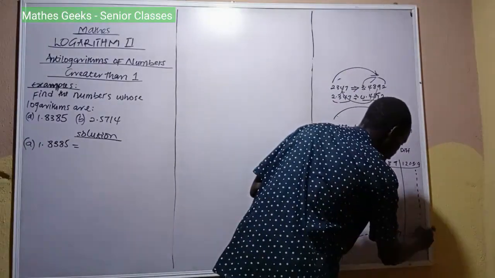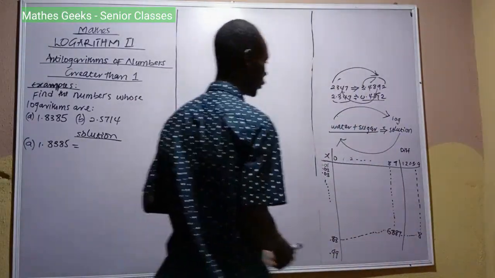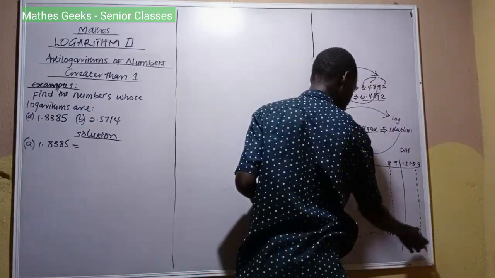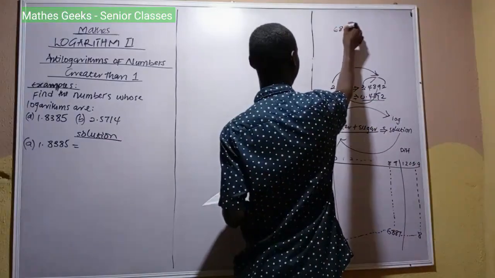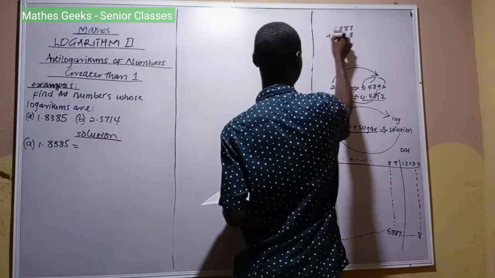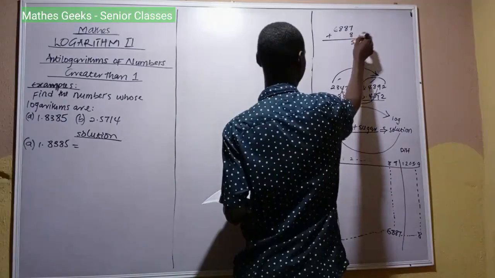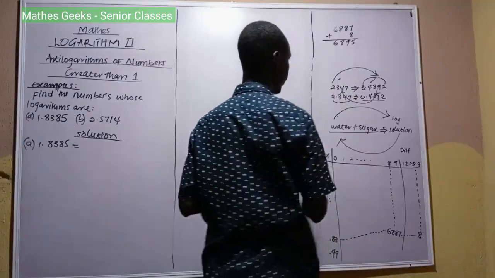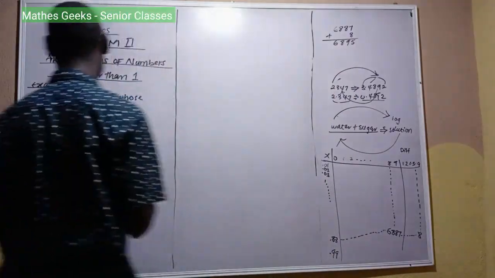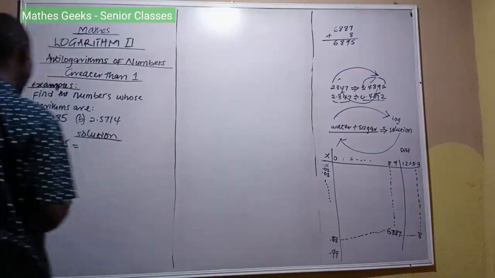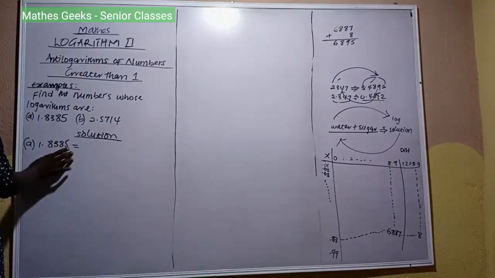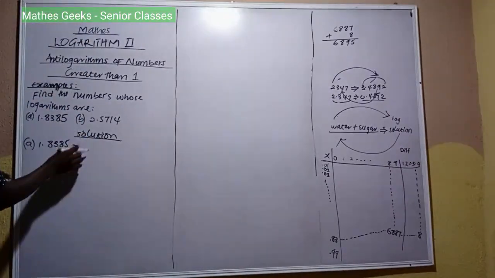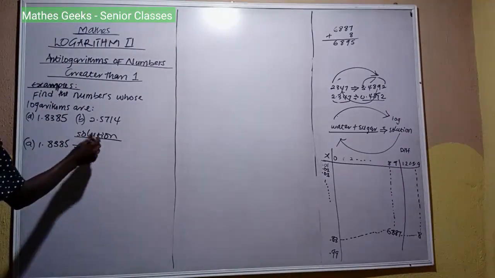So just like in logarithm, you're going to add this value to this value. 6887 plus 8. 7 plus 8 will give you 15. 1 plus 8 will give you 9, and 8. That will be 6895. So for the mantissa part, from our anti-log table, we got 6895.